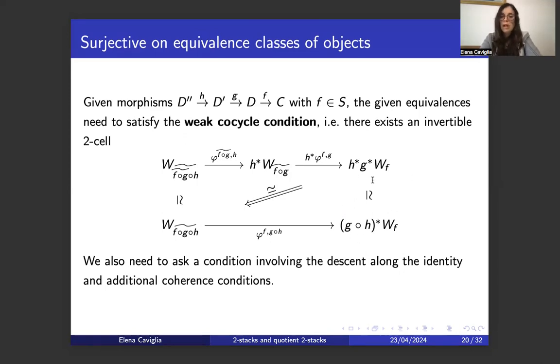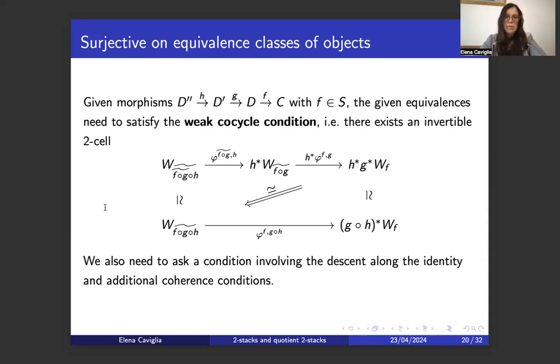So it's similar to the one that we had in dimension one, while the one on the left is given by the fact that the bisieve is not closed under precomposition. And so we need to relate these two objects. And we also have some additional coherence conditions that I'm not showing you, but they are quite natural.